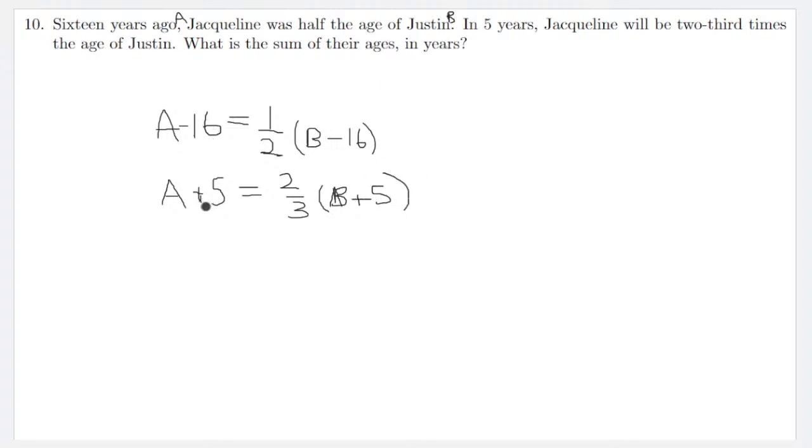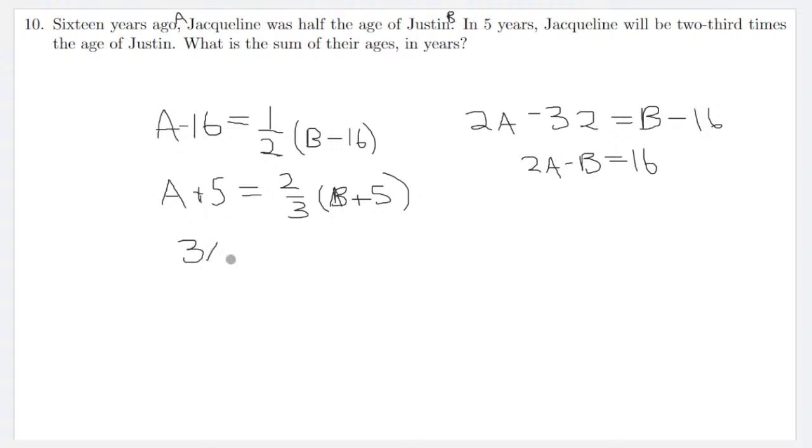So now we can reduce these equations and then we can solve them. So first thing is on the left side, we'll multiply both sides by 2. So 2A minus 32 equals B minus 16. And so 2A minus B equals 16. Then for the second equation, we can multiply the left side by 3.